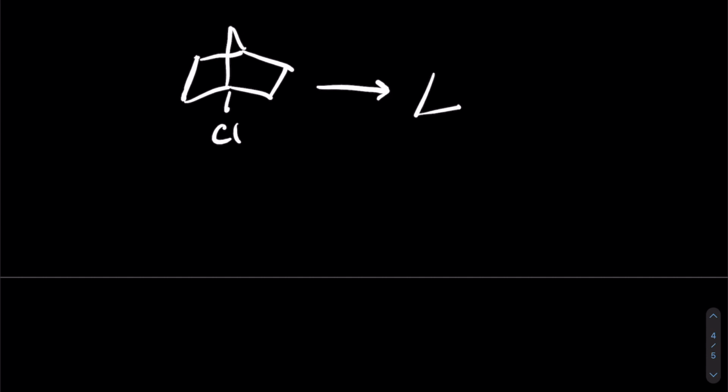Then there's a sort of interesting example of an elimination where you can't, under any circumstance, it's still a 6-membered ring, right? And these bicyclic systems are something you've always got to be looking out for. And you can have a chloride here, and what you'll never see is the formation of a double bond here, all right? That reaction doesn't work.